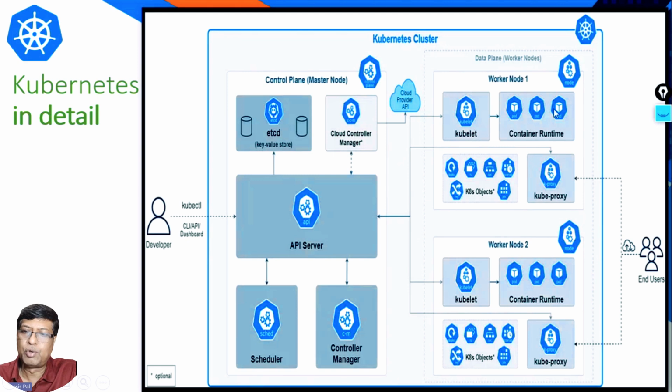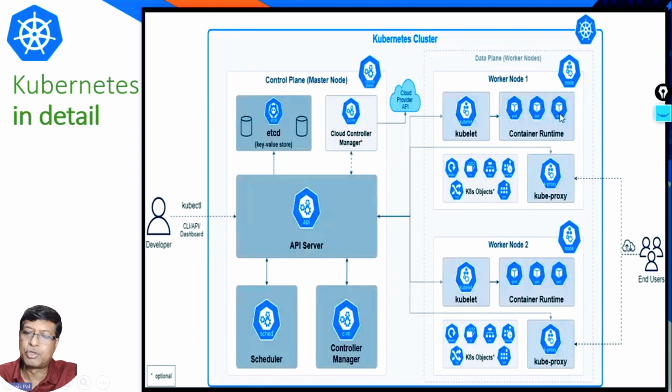So each worker node will have kubelet and kube-proxy, and there can be so many other Kubernetes objects. But they all will work according to how the control plane asks them to work. Now, why kubelet? Kubelet is the manager for the pods.